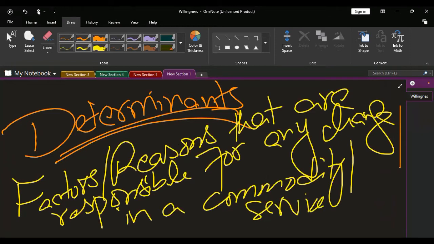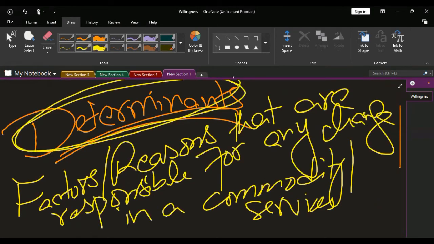So all such factors that have the power to make any change in the demand of any commodity or service are called determinants of demand.